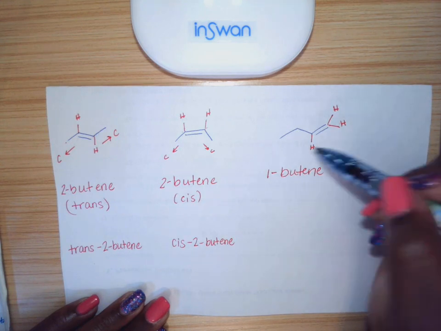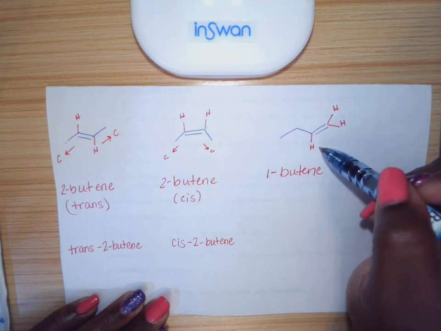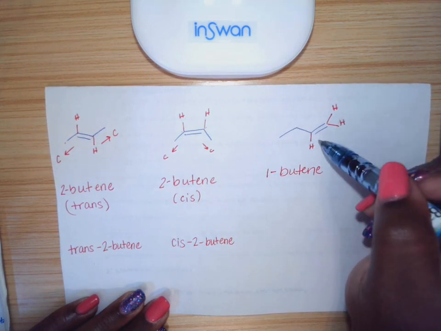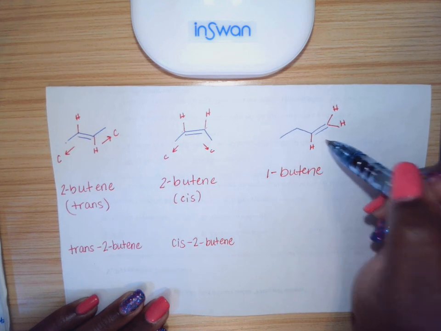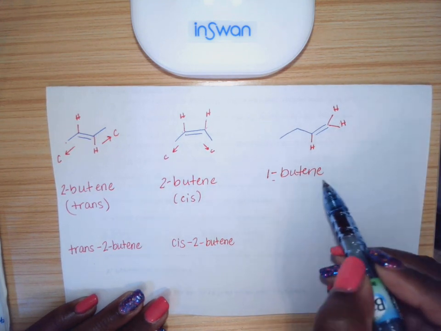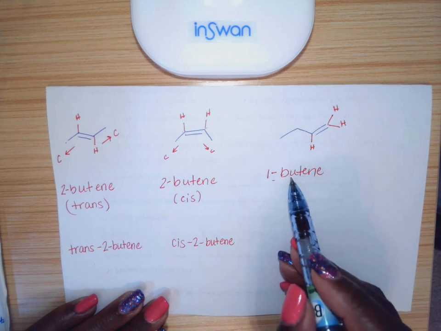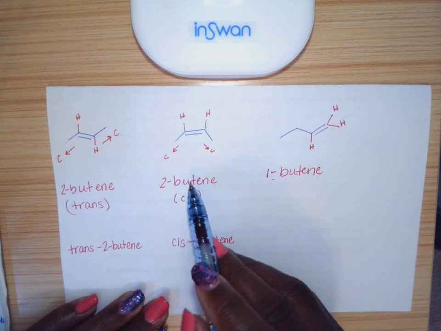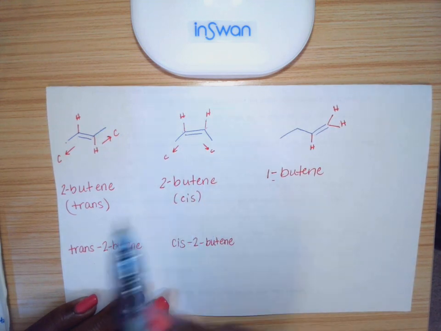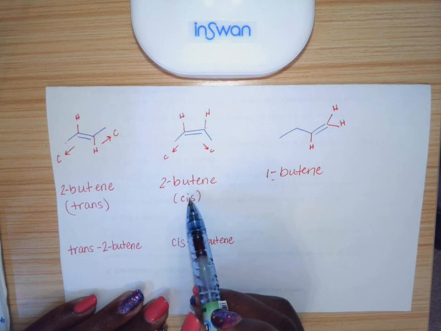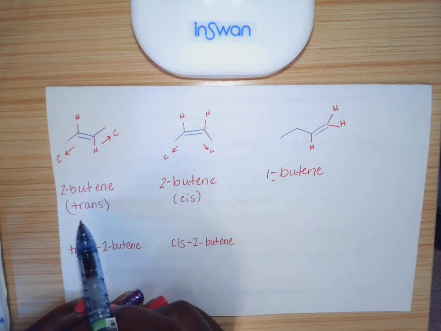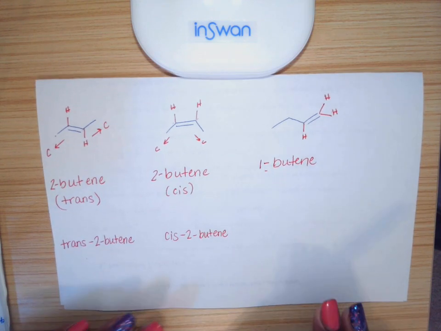So while this molecule has cis hydrogens, at the same time it also has trans. And so I can't indicate cis or trans, so it will simply be named 1-butene. 1-butene is the structural isomer of 2-butene. Cis-2-butene is the stereoisomer of trans-2-butene. And so these are different types of isomers.